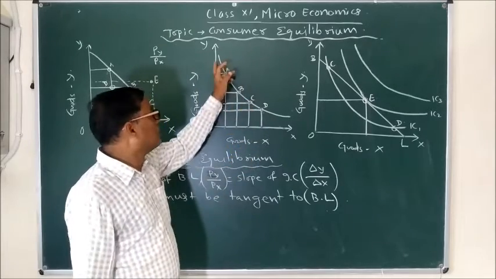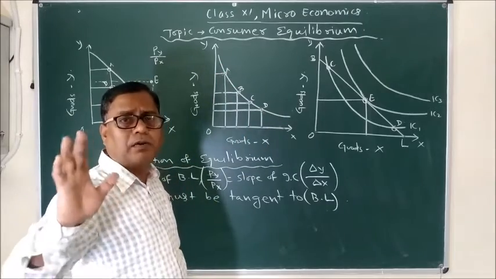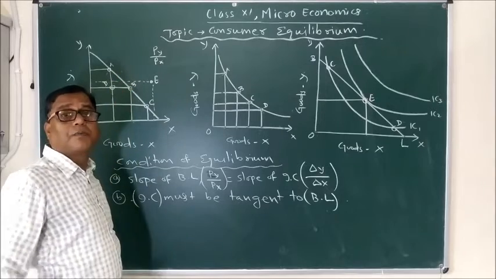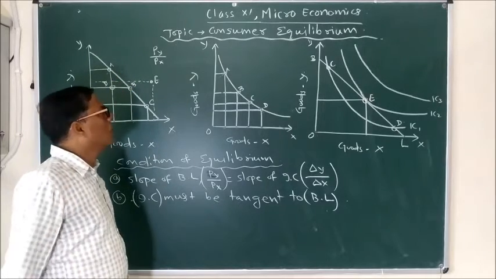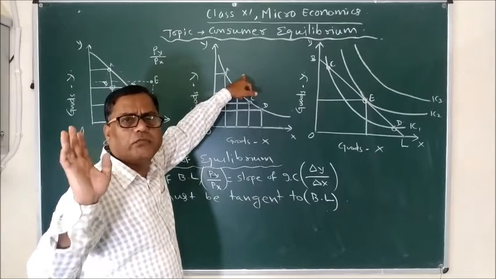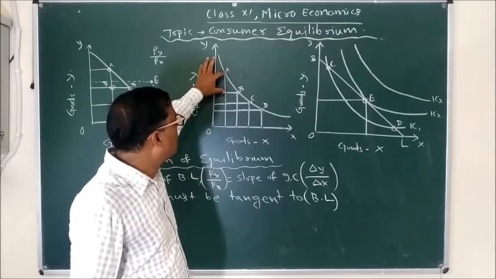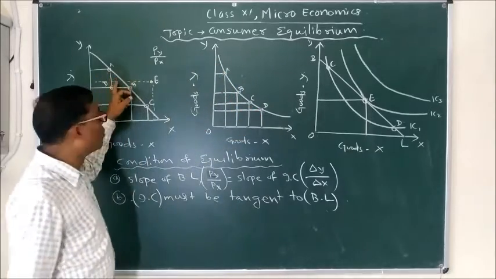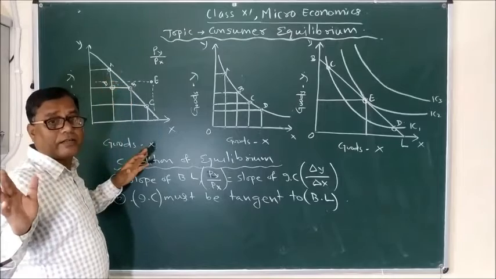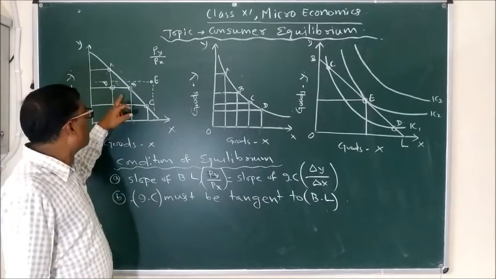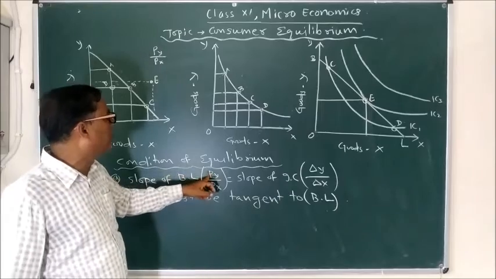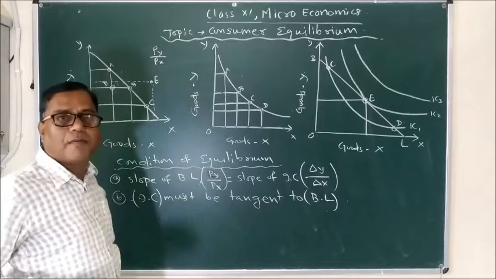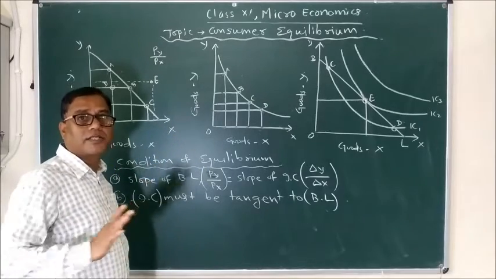So the indifference curve is nothing but the consumer's preference, and the budget line is nothing but the price ratio. We have already discussed in more than 2 classes why the slope of the indifference curve goes on decreasing and why the slope of a budget line is constant. The slope of the budget line, the price ratio Py upon Px, is constant because we have assumed that the prices of X and Y are not changing.